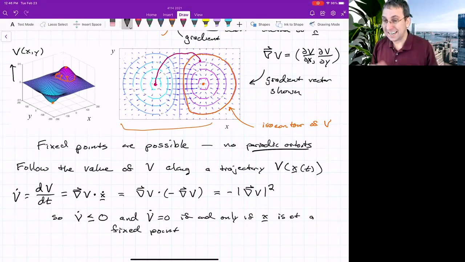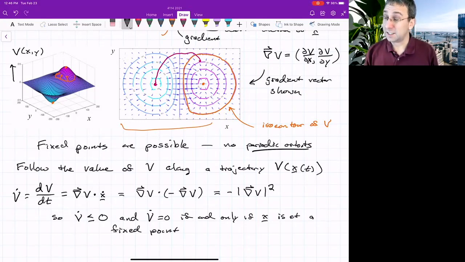If you have a gradient system, if your system comes from the negative gradient of a scalar function, no periodic orbits are possible. There are fixed points. We haven't yet said what type of fixed points we could have. I did plot a particular type of surface here where there's just a hilltop. And so that's going to be an unstable fixed point.